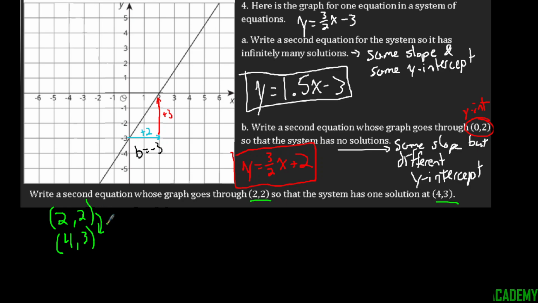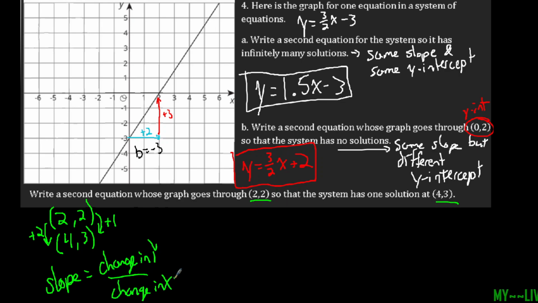And so what I do is I'm going to say my change in y is going to be +1. My change in x is going to be +2. Make sure you write your slope like this. So my slope is still the change in y divided by change in x. So that's just going to be 1/2.